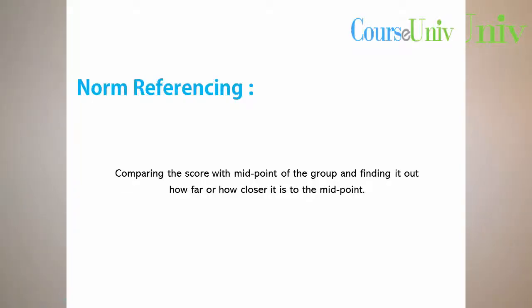If you give, let's say, 20 different numerical tests and calculate the score, you can say that those who got 18 are higher than those who got 13 in terms of numerical ability. But then we really don't know whether 18 is high as such or low.